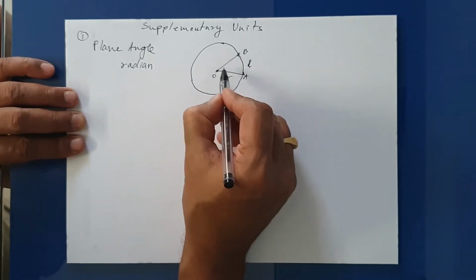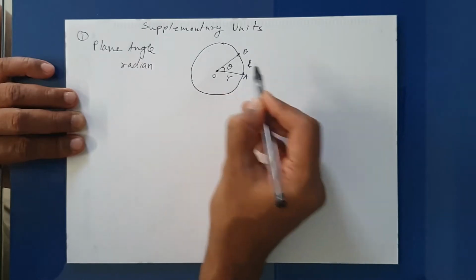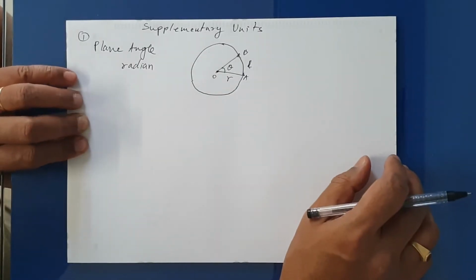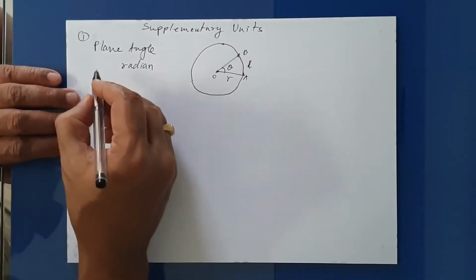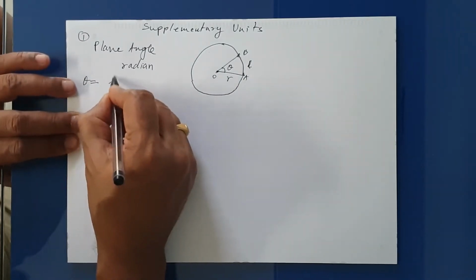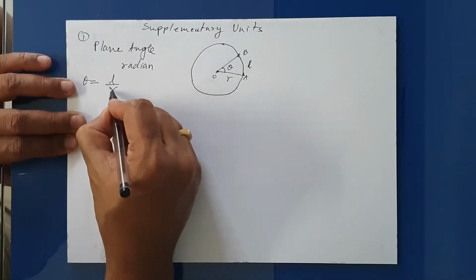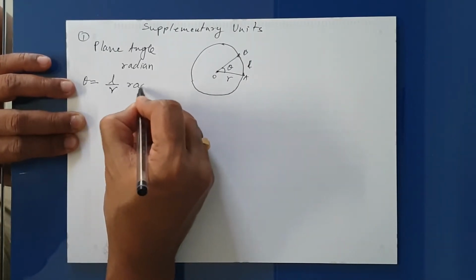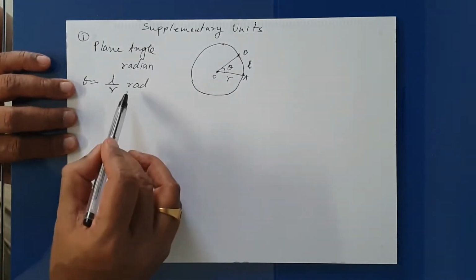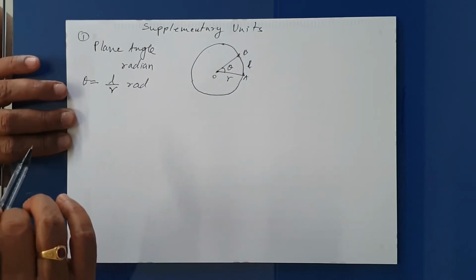This arc of length l is subtending an angle theta at the center of this circle of radius r. Then theta in radians is equal to the ratio of the arc to radius, l by r radian. RAD is the SI symbol of radian.